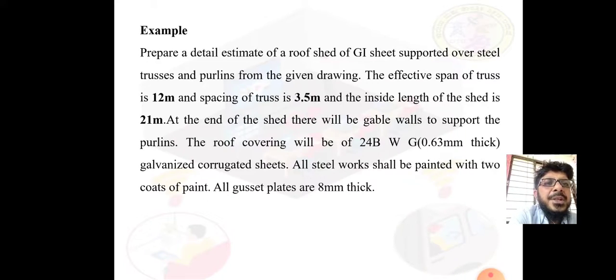At the end of the shed there will be a gable wall to support the purlins. The roof covering will be of 24 BWG, meaning 0.63 mm thick galvanized corrugated sheet. All steel work shall be painted with 2 coats of paint, and all gusset plates are 8 mm thick. So this is one example.